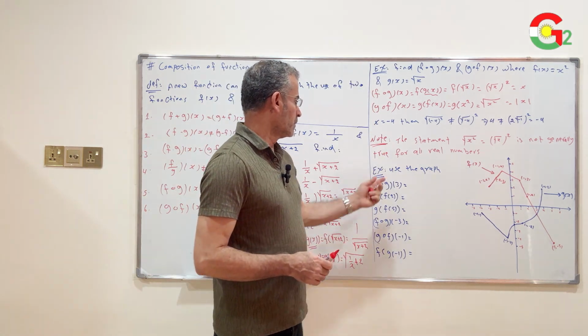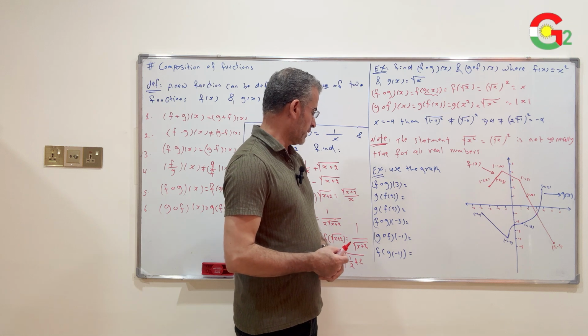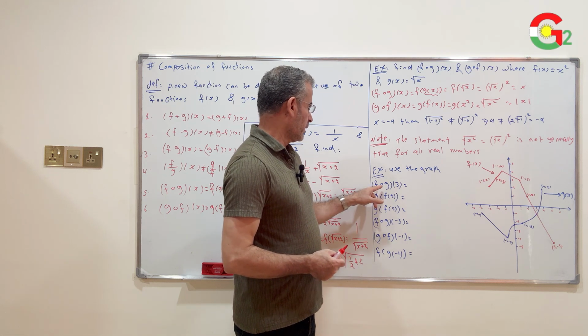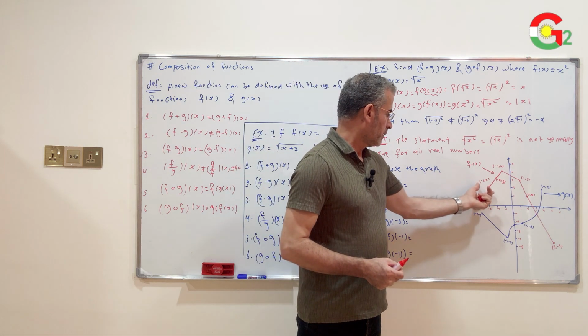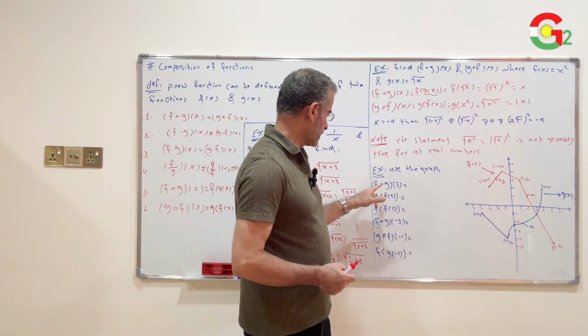Example, use the graph to find these statements. The red function is f of x and the blue function is g of x.